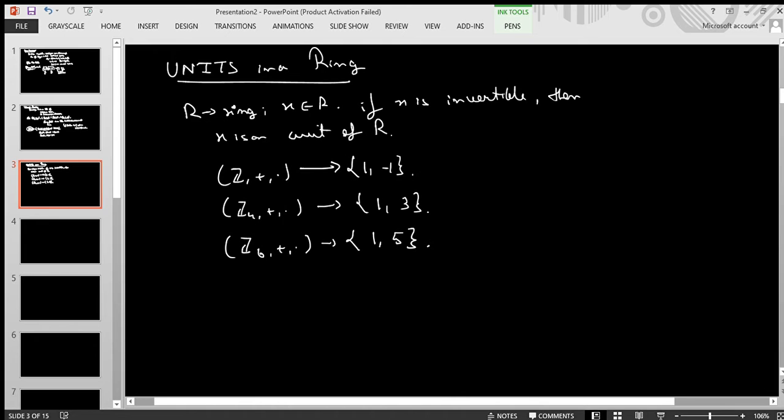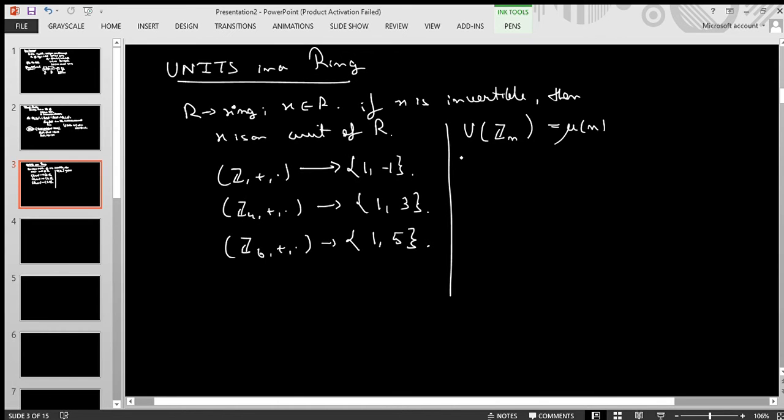Basically, this is the notation for writing the units of a ring: the units of Zn is given as U(n), the set of all the coprimes of n.